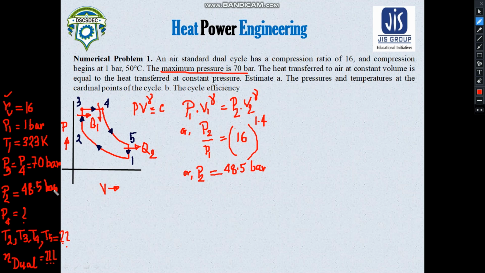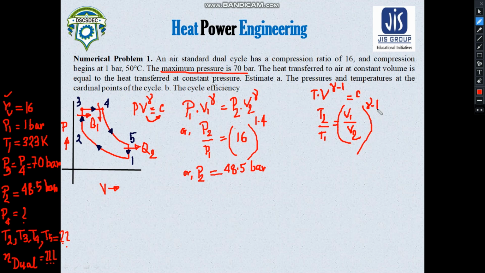Now coming to the temperature at state point 2. How can we find it? If we modify this relation, it can be expressed as T into V to the power gamma minus 1 equal to C. That means you can write simply T2 by T1 as V1 by V2 to the power gamma minus 1.